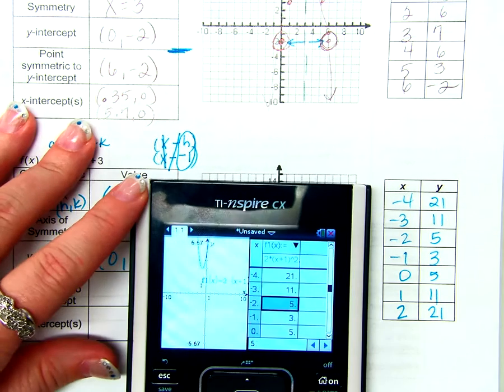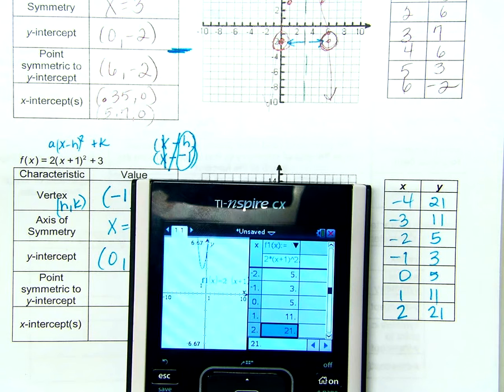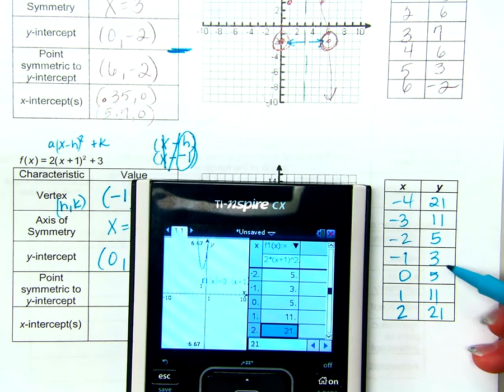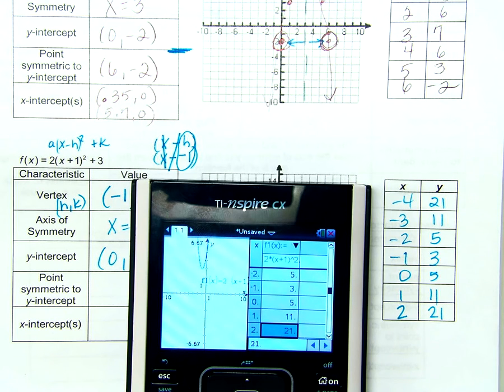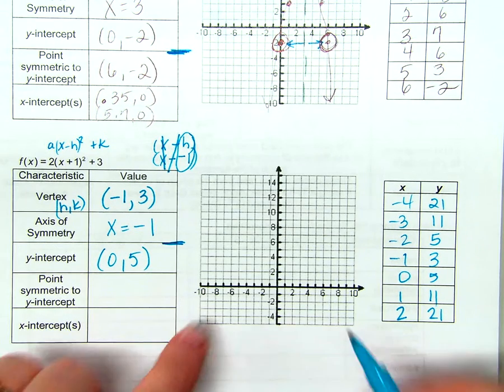And then I actually scrolled down. Oh my gosh, it's right. Am I a magician? What do I know about parabolas? They're symmetric. They are the same on each side. Okay? So I saw the pattern going up, and I know the pattern's the same going down. Fair enough? Good job.